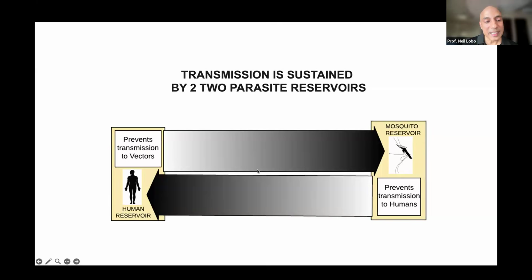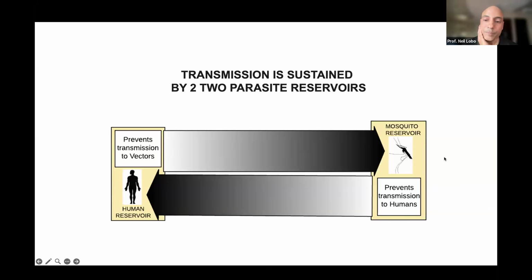And vector interventions prevent mosquitoes transmitting parasites to humans. And human interventions like treatment with drugs or MDA or diagnosis and treatment prevent transmission to vectors. So each intervention functions differently, as in it prevents transmission in a specific direction, either to humans or to vectors.